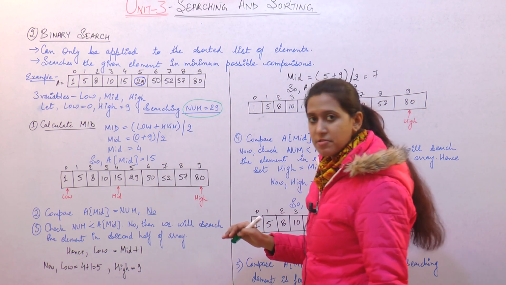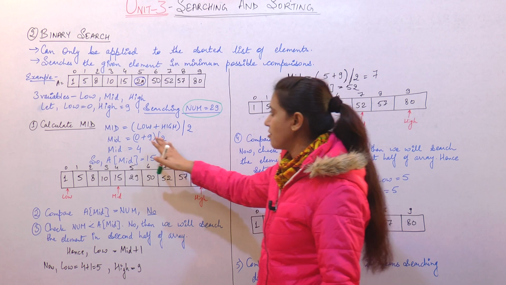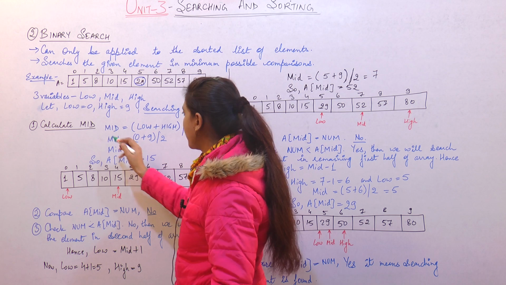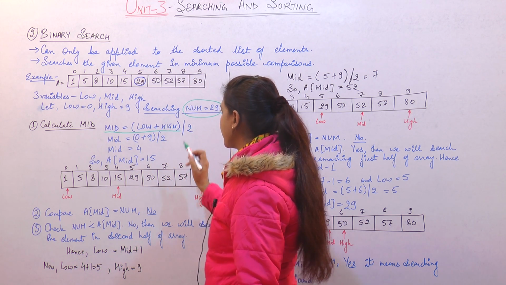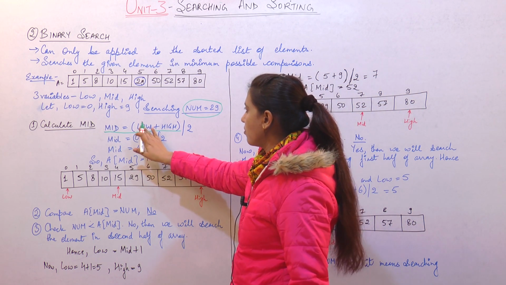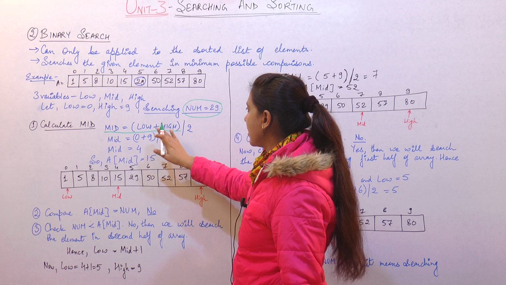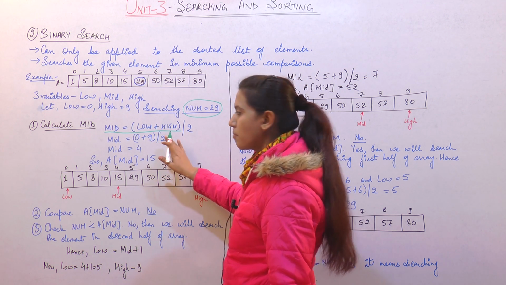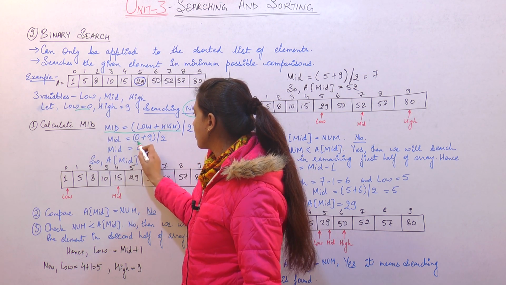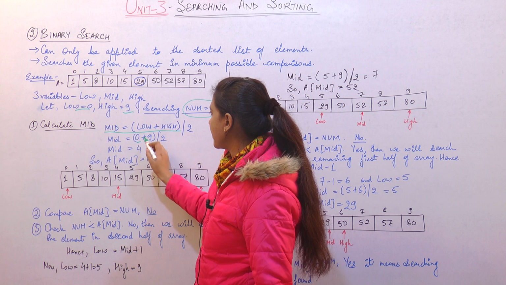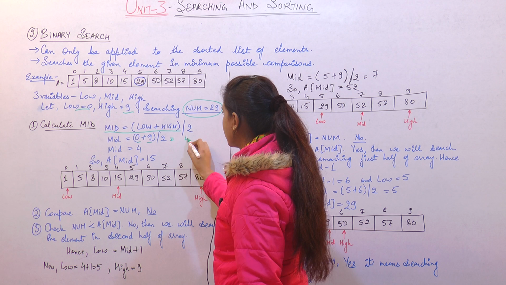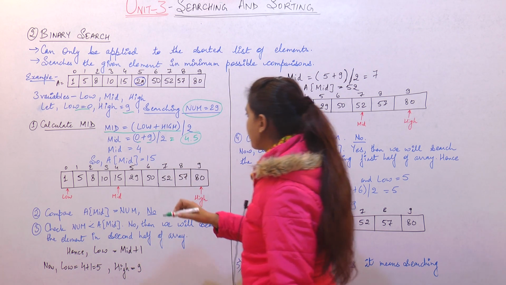So for searching the number 29 we will first calculate the value of mid. The value of mid can be calculated using the formula mid equals (low plus high) divided by 2. Initially low is 0 plus high is 9, divided by 2, which gives 4.5.